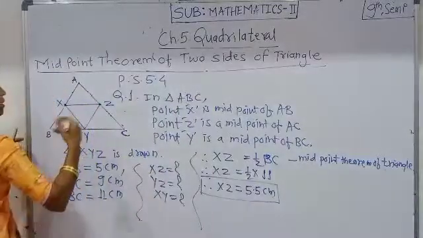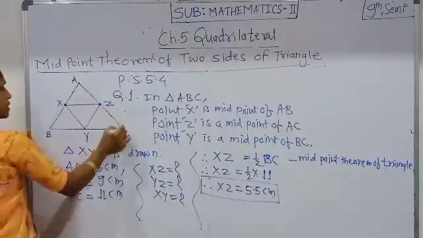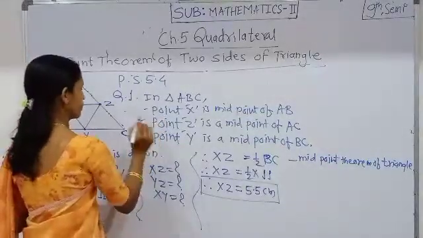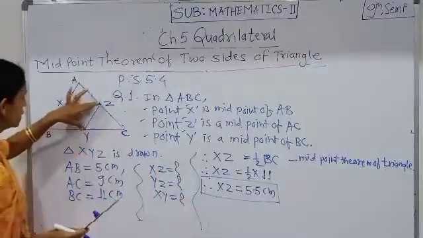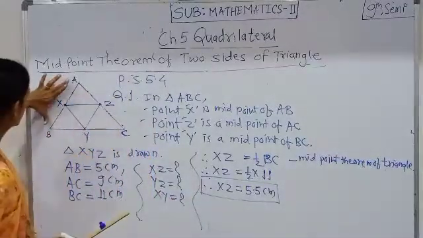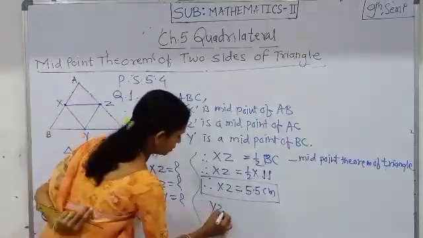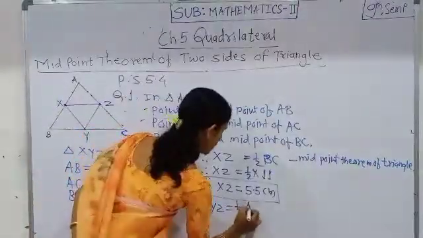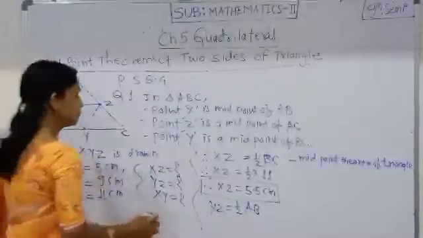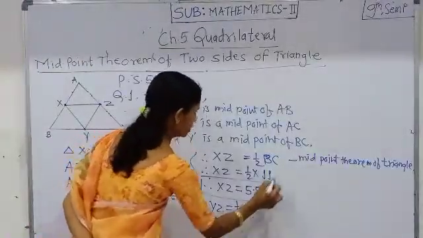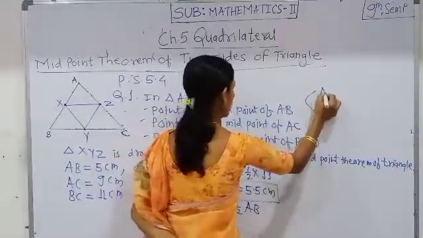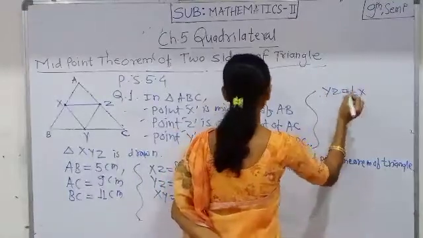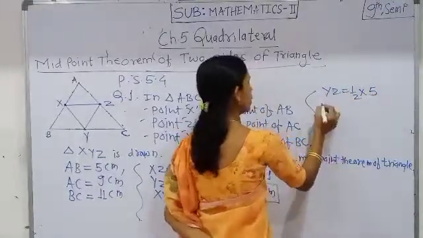Here Z is the midpoint of AC and Y is the midpoint of BC, and therefore YZ is half of AB. YZ is equal to 1/2 of AB, that is of 5 centimeter.